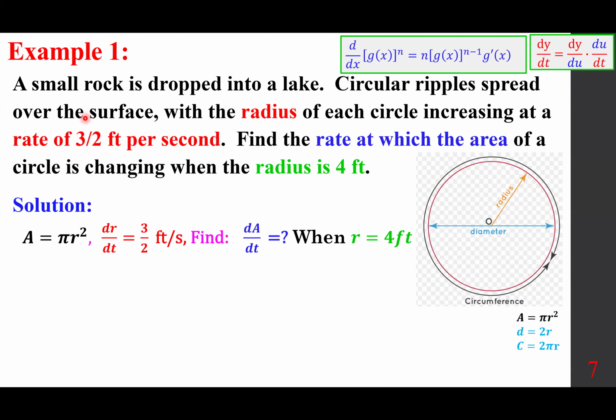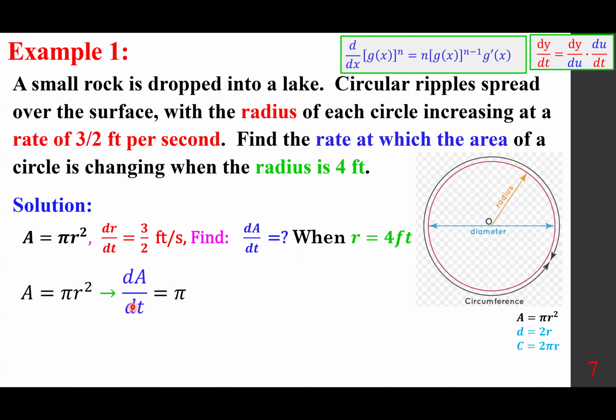So the translation of this question into mathematical symbols would be A equals pi r squared, dr/dt is 3/2 feet per second, find dA/dt when r is 4 feet. You must know A is pi r squared, and you are going to differentiate that with respect to t.